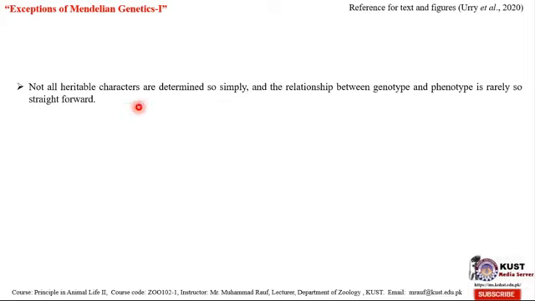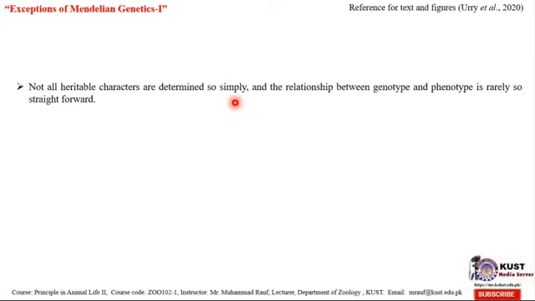Not all heritable characters are determined so simply, just like Mendel observed when he found F1 hybrids exhibiting the features of the dominant parent, and then the F2 generation where the recessive parent also appeared.